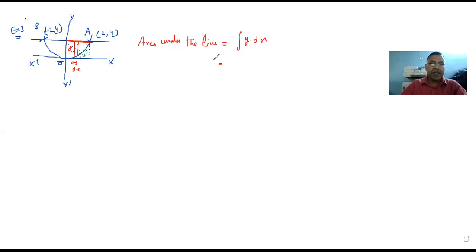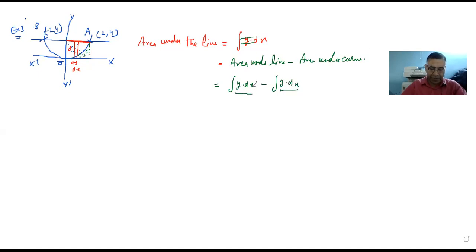So area is equal to area under line minus area under curve. Which is equal to integral of y dx minus again integral of y dx. यहाँ पे कर्व की इक्वेशन आएगी, यहाँ पे लाइन की इक्वेशन आएगी.